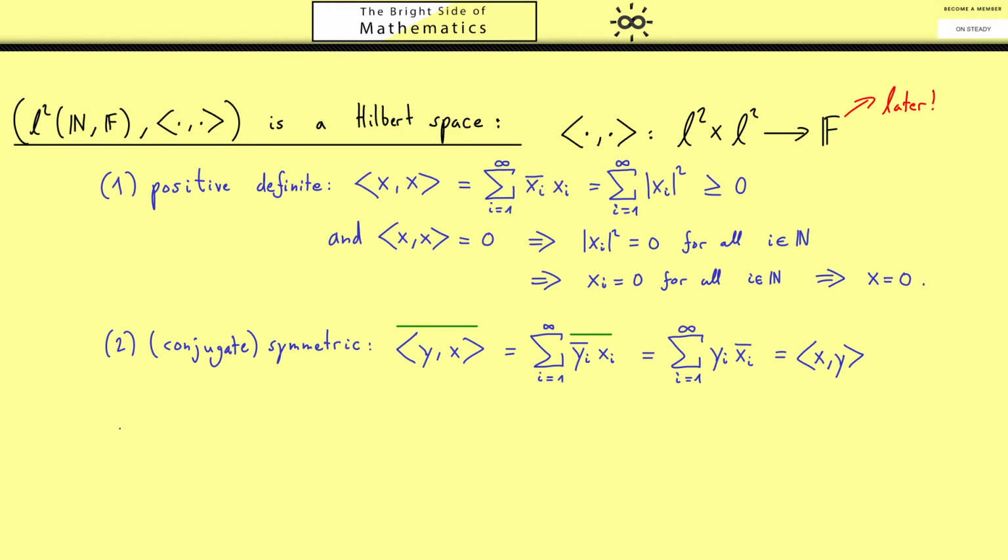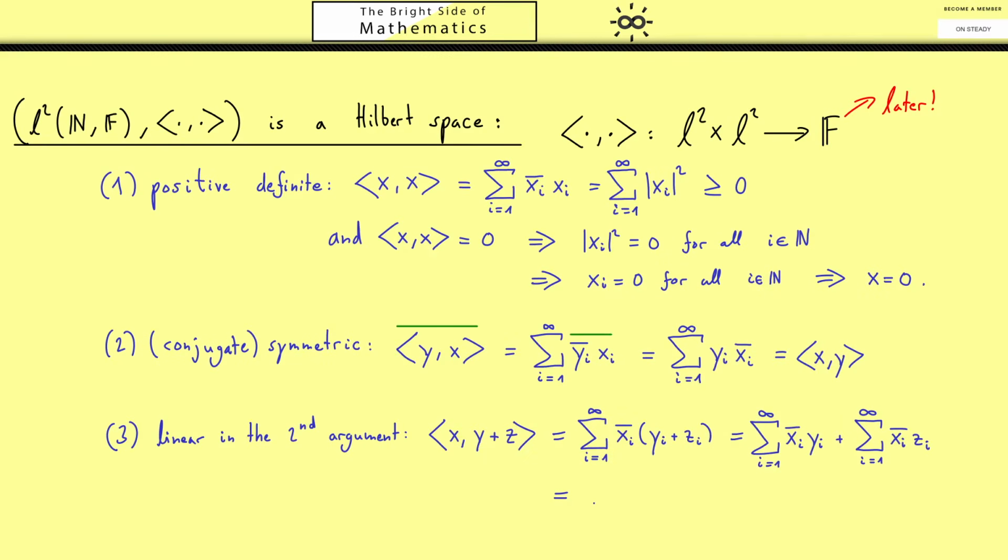And now the last part, the third part, is the linearity in the second argument. So maybe that's already easy to see, but still, let's write it down. Since I don't want to get conflicts with the indices here, I use y and z as the two vectors in the second component. Now by definition, this is the inner product and we can write it as two series.